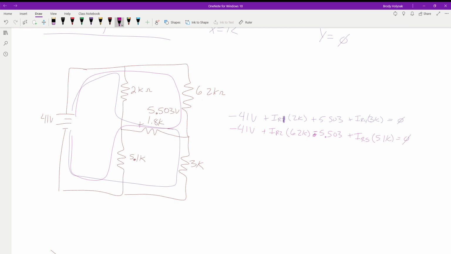Okay. So there, which variables do we have? We've got IR1 and IR4, IR2 and IR5, which we can then solve for the voltages. So far, we don't have 2 equations yet that we can use with 2 of the same variables. Yes? Can you remind me how you decided to make the 1.8K or the 5.5 volts, adding it or subtracting it? Okay.